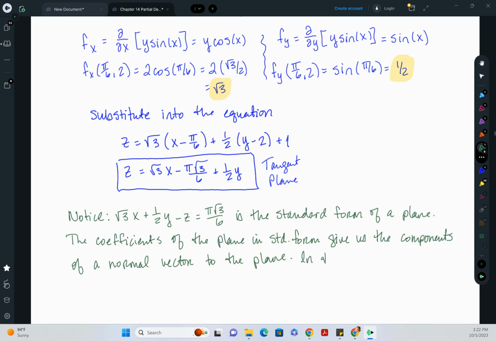In this case, n, the normal vector to this plane, is equal to the vector with components square root 3, 1/2, and -1. So it's just an observation right now. Not something that will be asked in homework or anything, but really to tie it together with what we learned in 12.5. Okay? Even a tangent plane will have a normal vector to it.